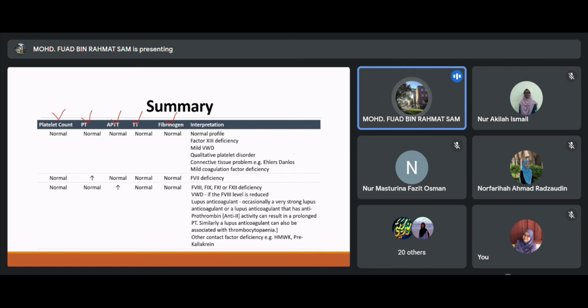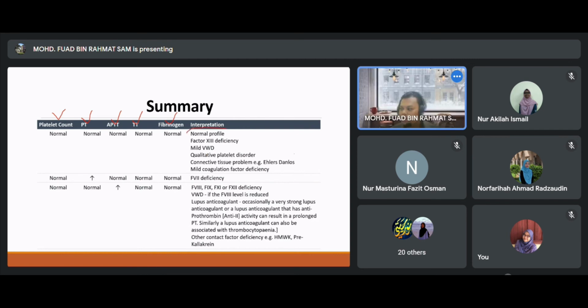Okay, so usually all platelet counts must be verified by a blood smear, or sometimes we can use the machine directly. So if the platelet count is normal, PT normal, everything is a normal profile. Or maybe there is slightly a factor 13 deficiency, maybe.